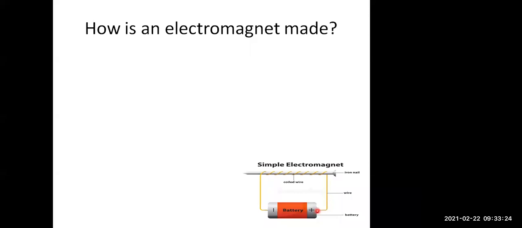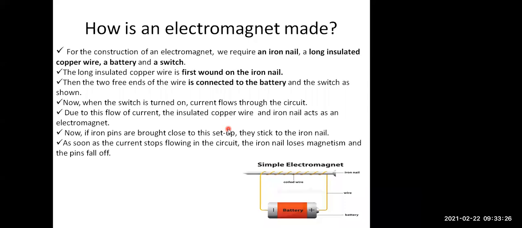For this construction, you are going to use a long copper wire. You are going to coil it on the iron nail. Coiling has to be done, and then it has to be connected to a battery. When the switch is turned on, the current flows through the circuit.